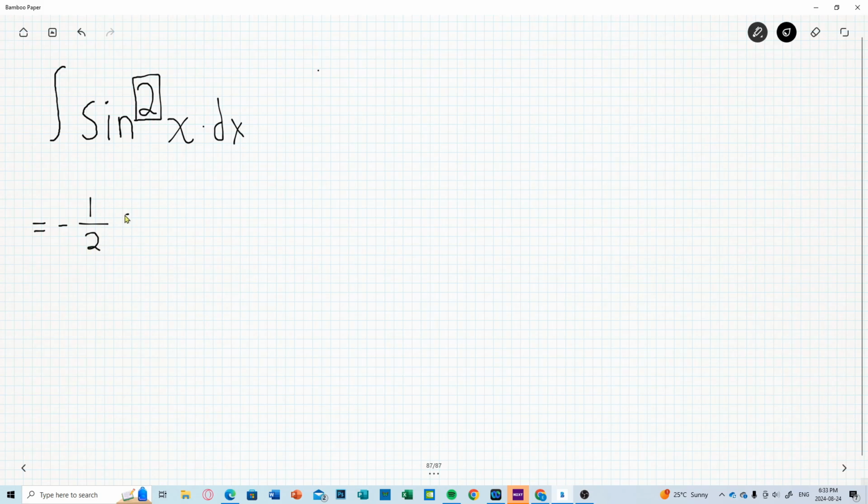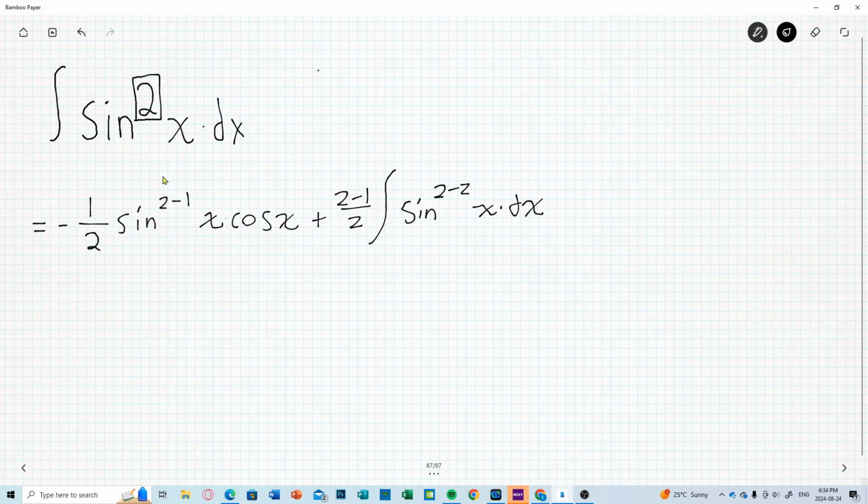So we'll have negative 1/2 sine to the 2 minus 1 of x multiplied by cos of x plus, and this is going to be 2 minus 1 divided by 2 multiplied by the integral of sine to the power of 2 minus 2 of x multiplied by dx.